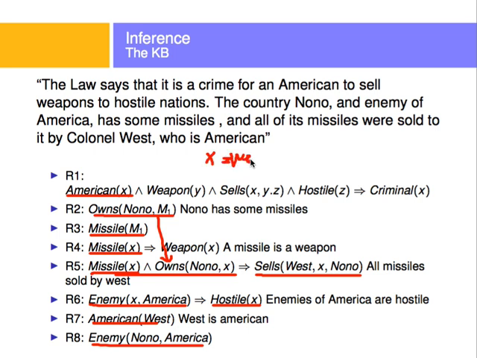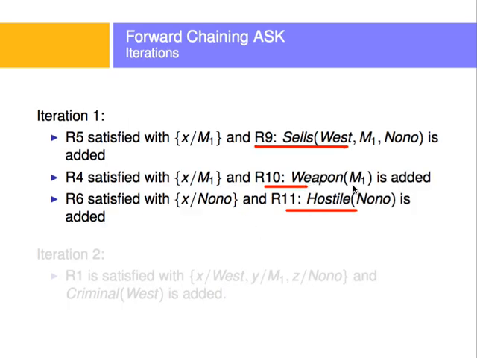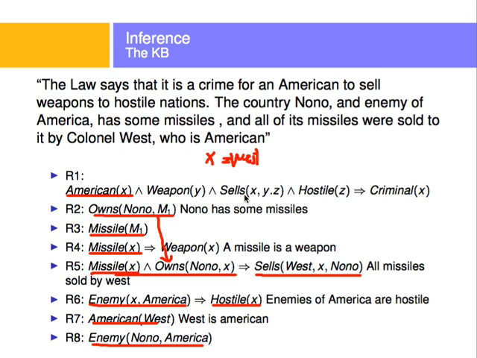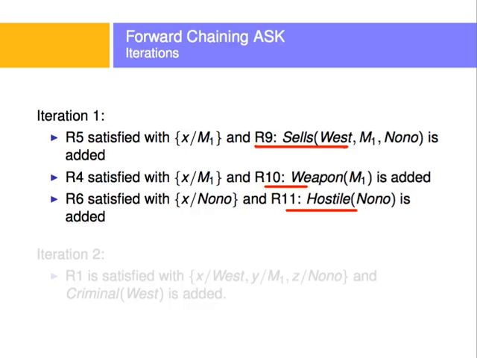There's no other alternative. Weapon(y), well, our knowledge base will have this Weapon(M1). So M1 satisfies the variable y, right? And then Sells(x, y, z). So Sells(West, M1). What else is there? What can we unify it with?